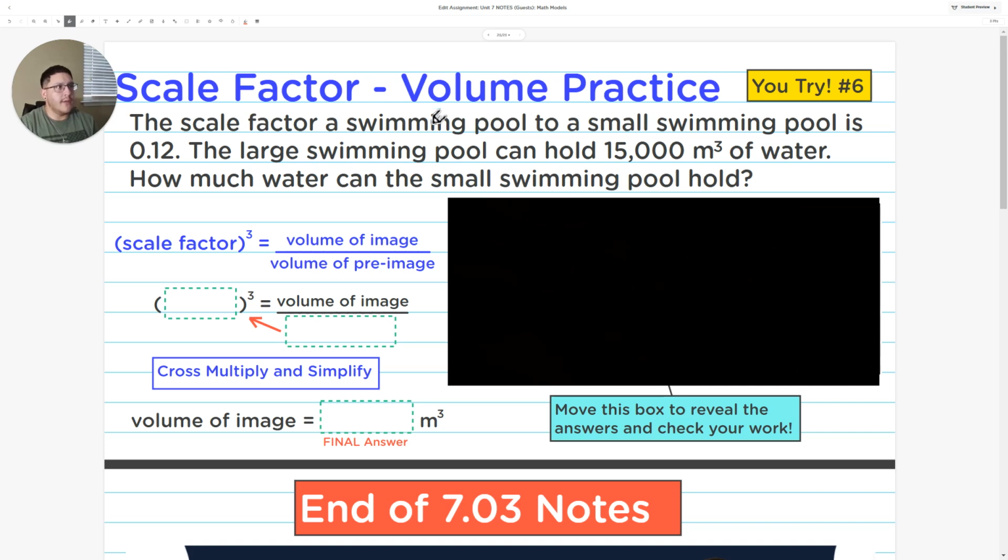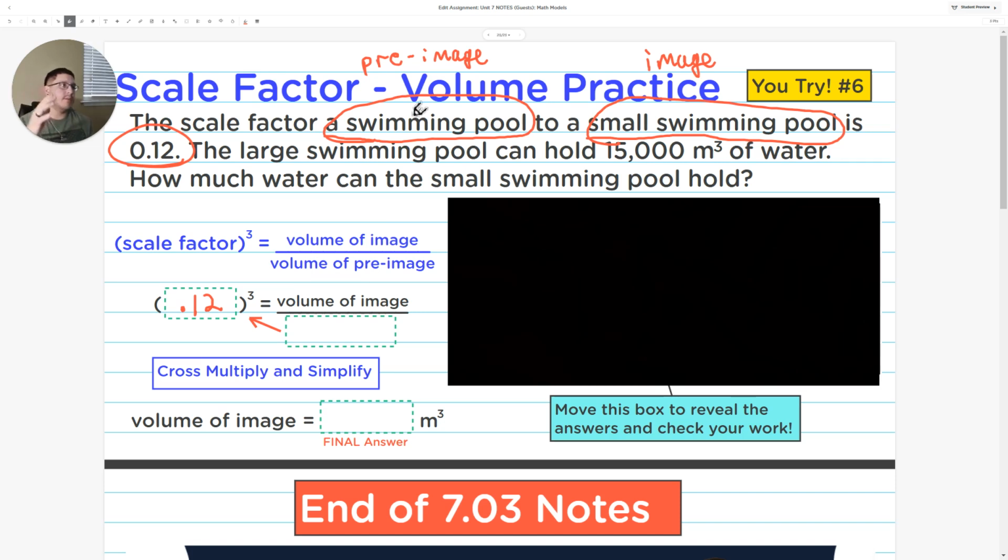So scale factor of a swimming pool to a small swimming pool. We can tell that the swimming pool is the pre-image and the small swimming pool is the image. We know the scale factor is 0.12. We know the large swimming pool can hold 15,000 meters cubed.